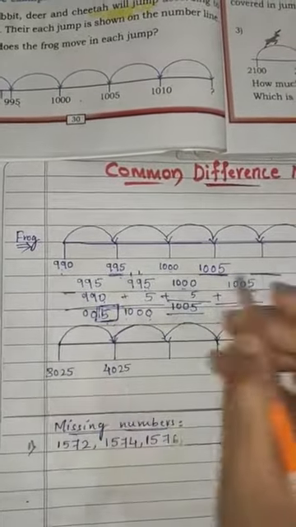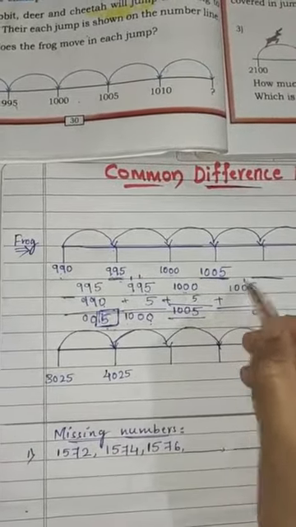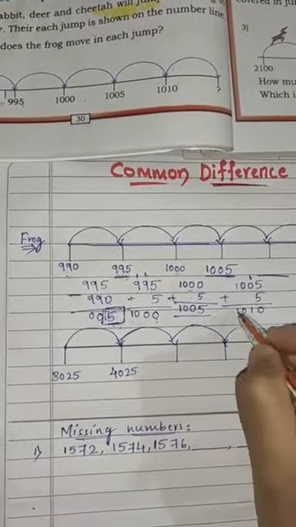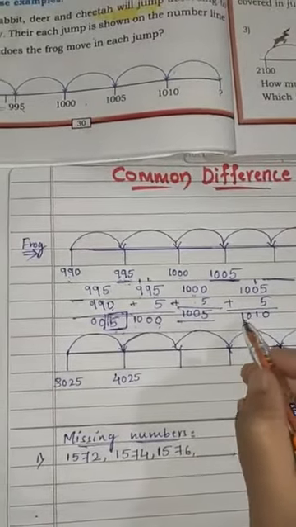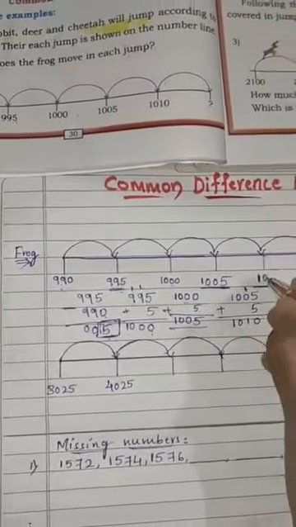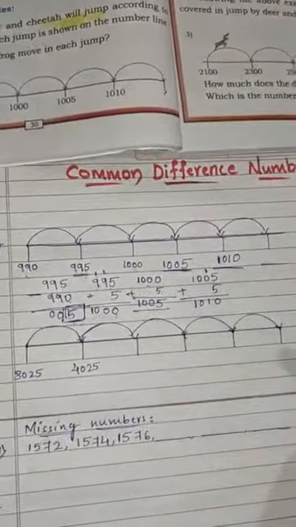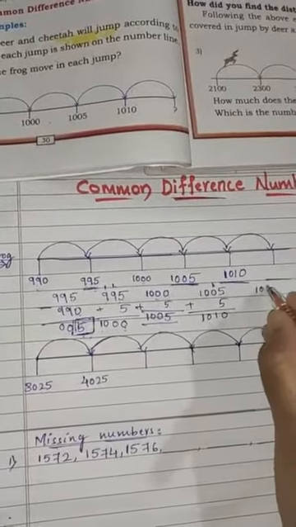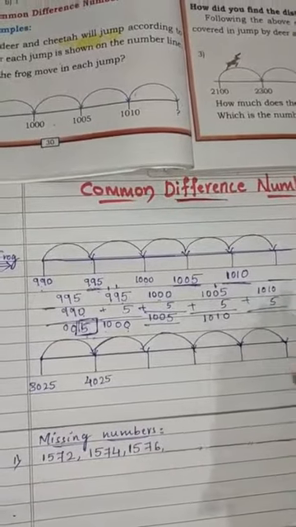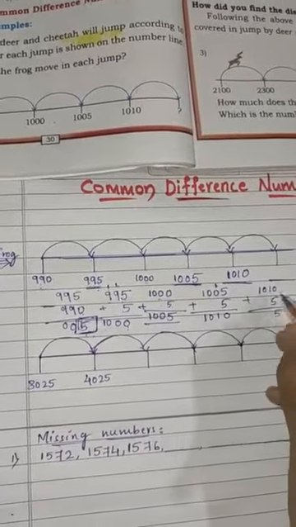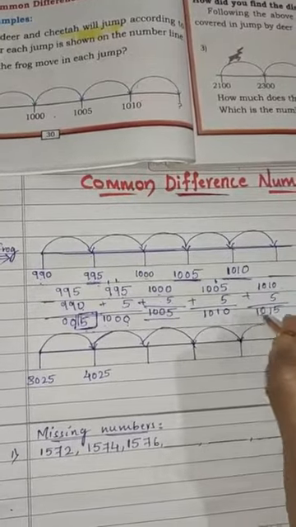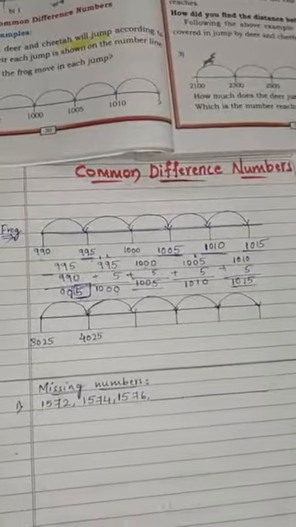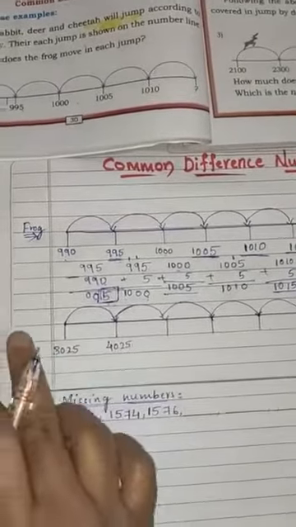We'll write 0 here and the 1 will be carried. So 0, 0, and 1 is 1. So what's the answer here? 1010. We'll write here 1010. Right? Next, again what do we have to do? Yes, you have to add 5 to this number. 1010 plus 5. 0 plus 5 is 5, 1 is 1, 0 is 0 and 1 is 1. So what is the answer? 1015 is the answer. Understood how to solve this sum?